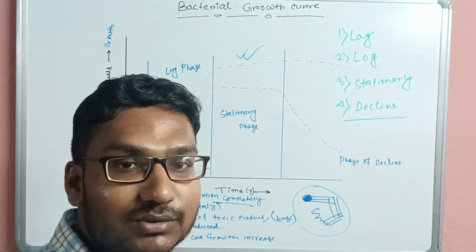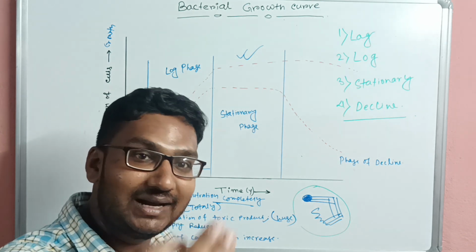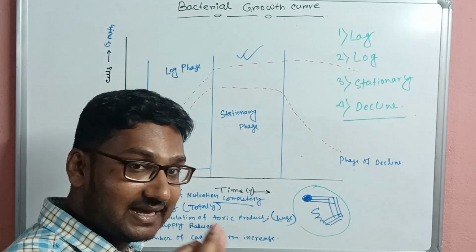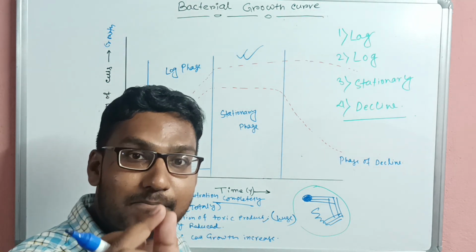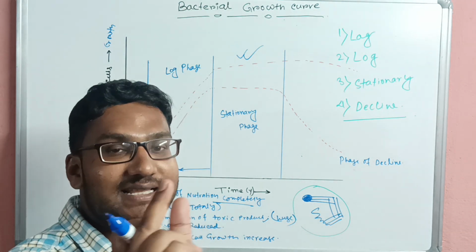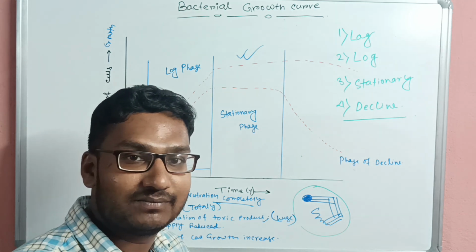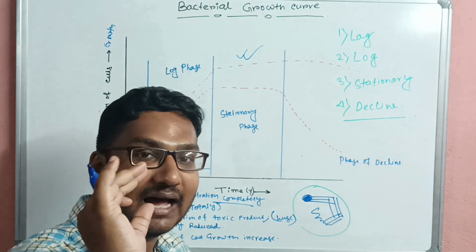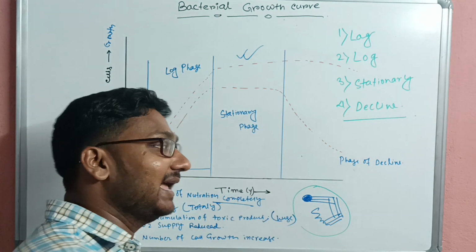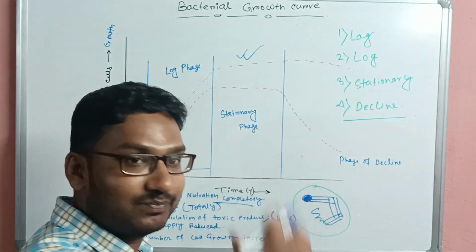No bacteria will grow. If some or a few bacterial colonies die, and any bacteria get favorable conditions, then again a single colony will be produced. But because of the unfavorable conditions, bacterial cells will die, and that's why the graph goes down.